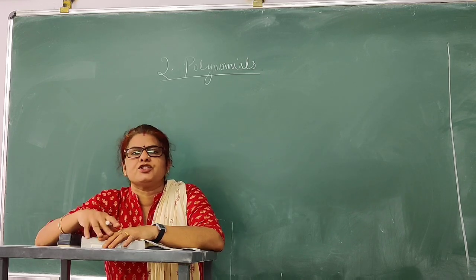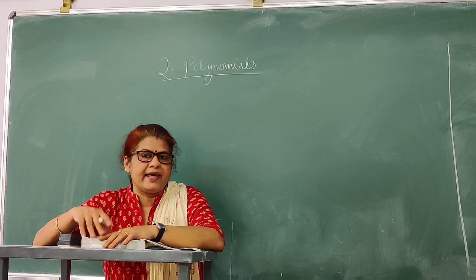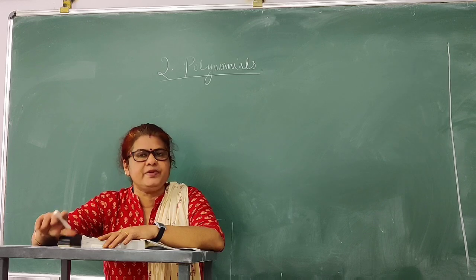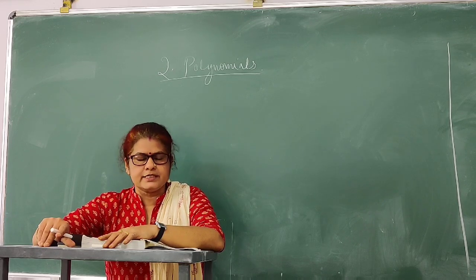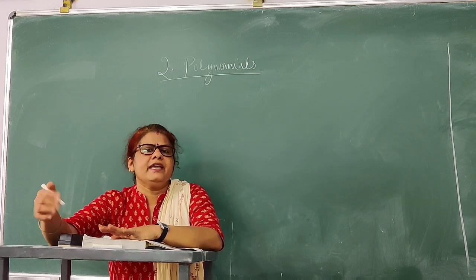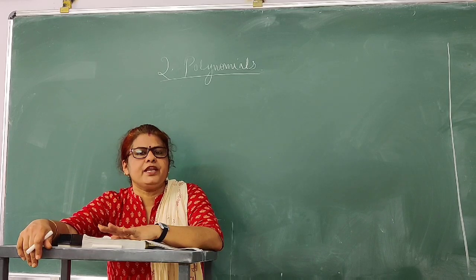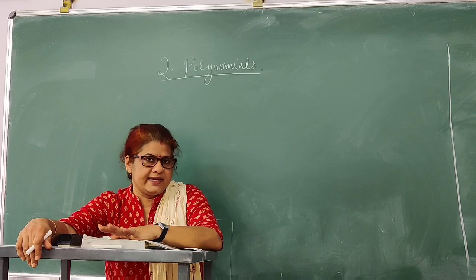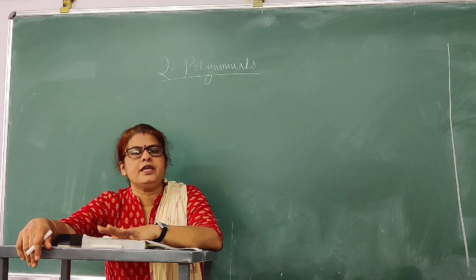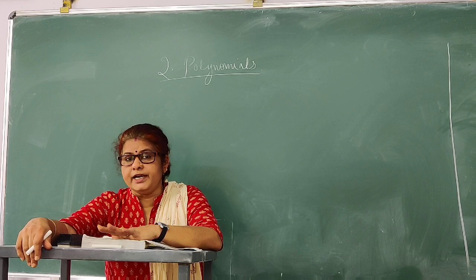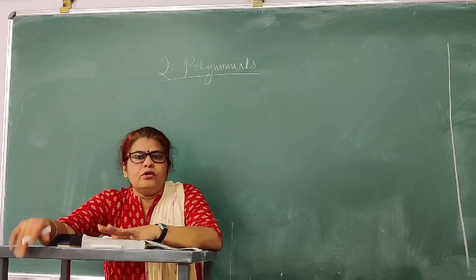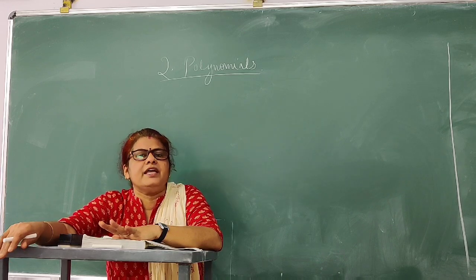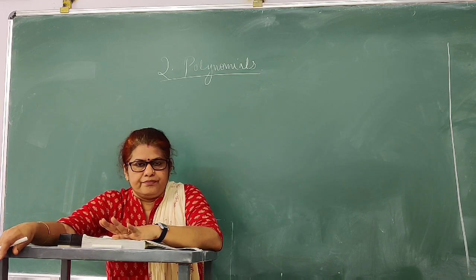Certain conditions are to be applied for an algebraic expression to be a polynomial. That is, the degree of the variable in the expression should be a non-negative integer. Means the degree should be a whole number. And also the coefficients of the terms should be any real number.